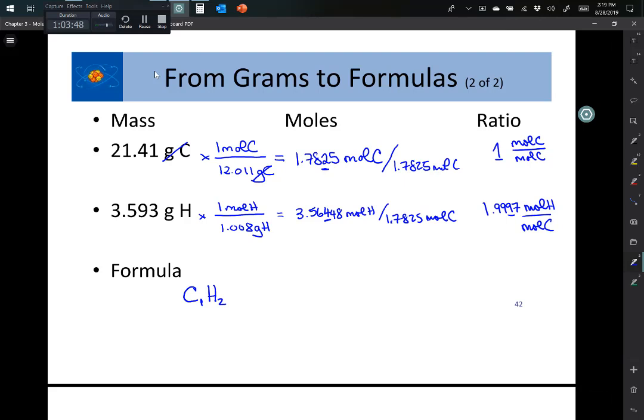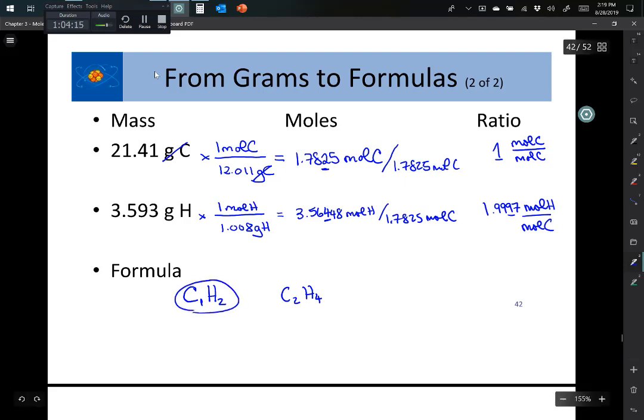Now, could it be this too? Right? Because that's still 2 to 1. It's a 2 to 1 ratio. But what this calculation actually does is it can't tell exact numbers, it can only tell ratios of numbers. And when it comes down to it, you only figure out the empirical formula this way.